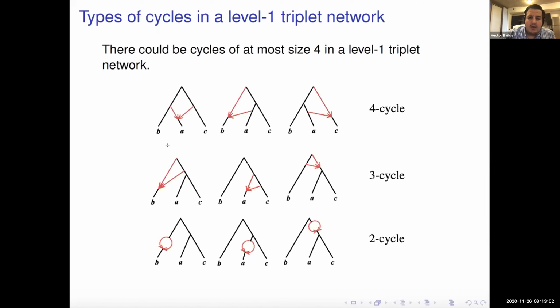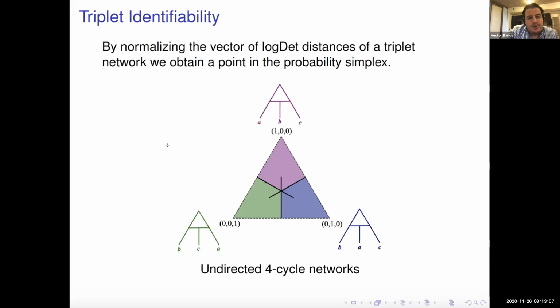So what we did is, given a triple network, you take all the pairwise log distances. And that gives you a triplet, like the distance between AB, AC, and BC. And then when you normalize that, you divide over the sum of those entries, you get a point in the probability simplex.